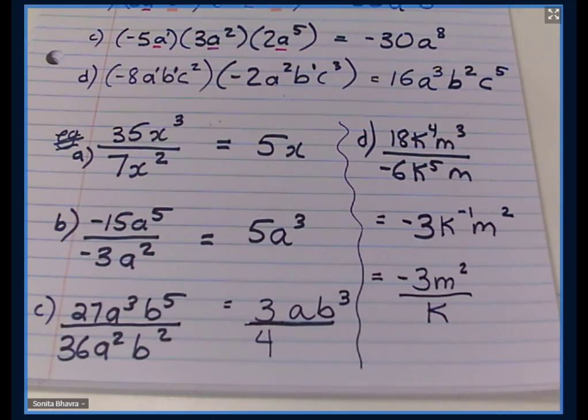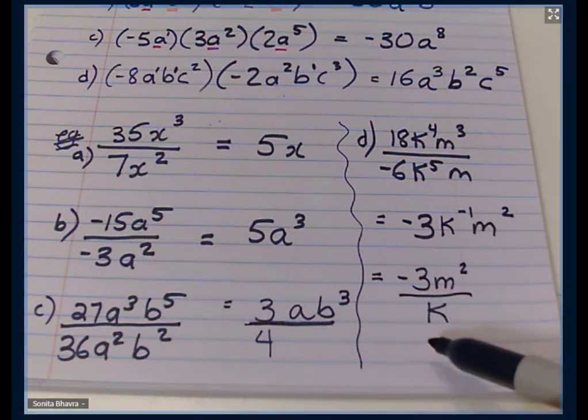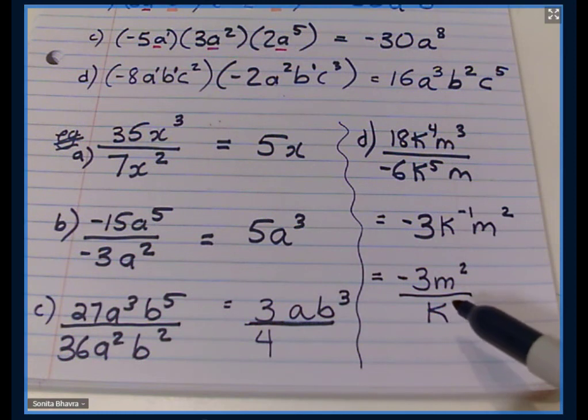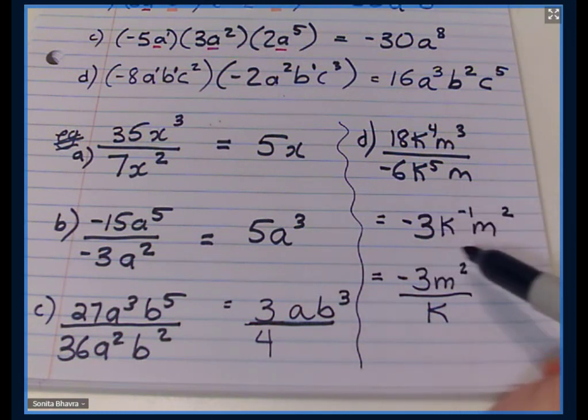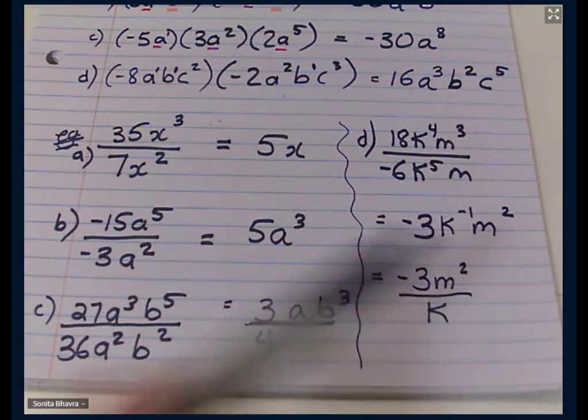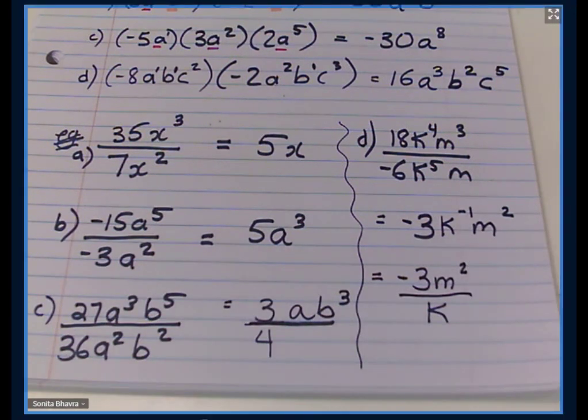All right, so when you get to math 10, you do have to do that extra step and make sure your negative exponent has been brought down to the denominator. All right, for math 9, if you left it like this it would be correct as well. It's just that once you get to math 10, you're expected to make sure that all your exponents are written as positive exponents.